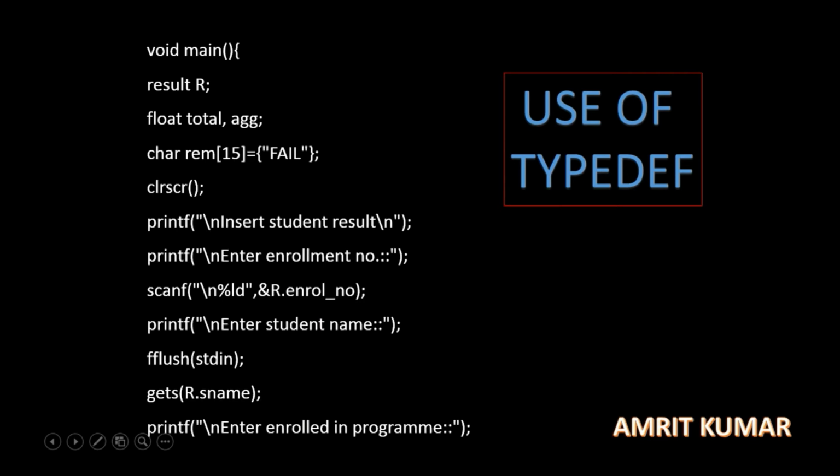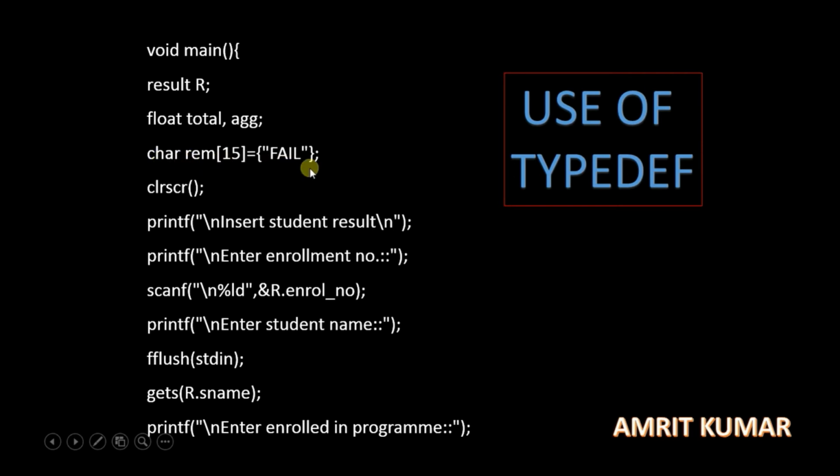Okay. So after this I am just using the two variables, that is total and avg, that is the aggregate. Okay. So total comma avg. So these are of float data type. After this I am using the remarks, and in remarks I am using a variable here of a character data type.